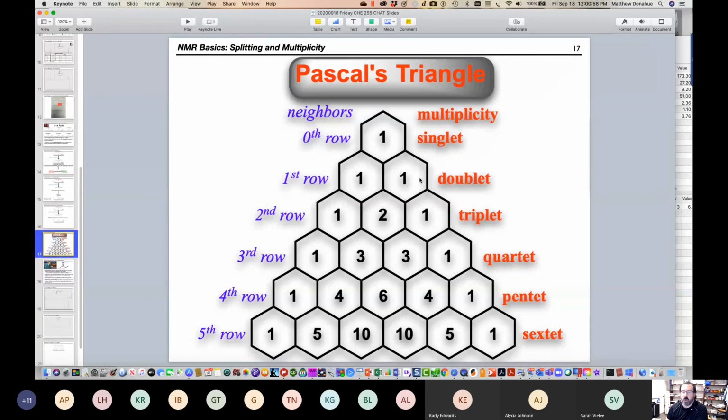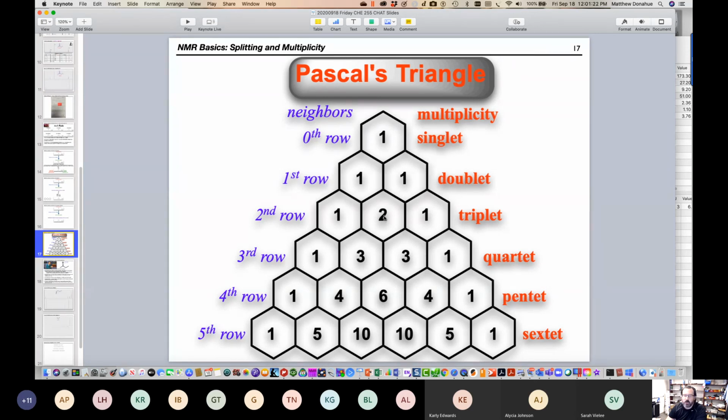The ratio is 1 to 1. The second row, so again, we're starting at 0th row, and the reason I did that is just to correlate to the number of neighbors. No neighbors, 1 neighbor, 2 neighbors, 2 plus 1, that gets you your triplet. The ratio is 1 to 2 to 1.